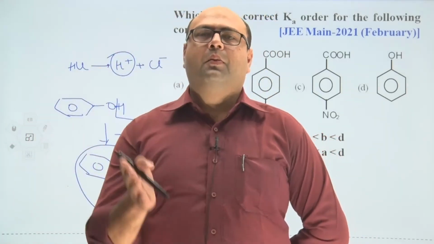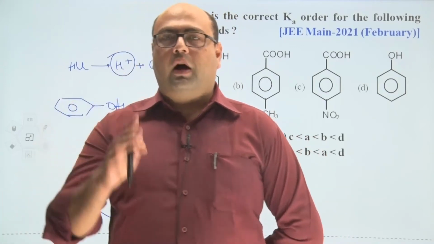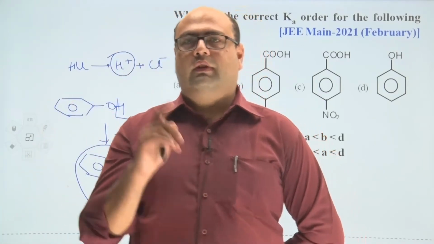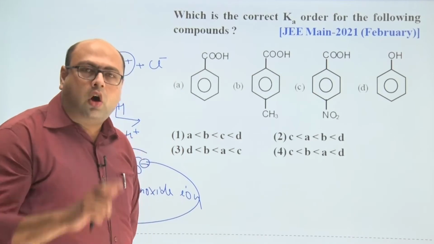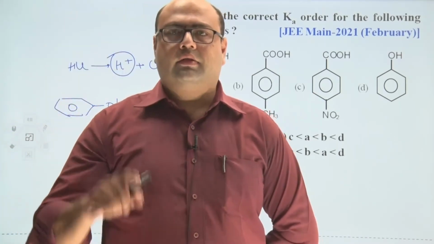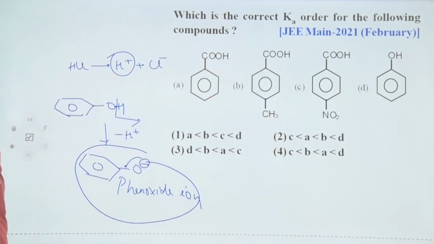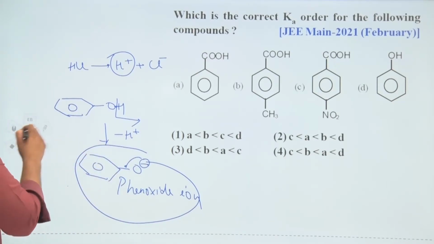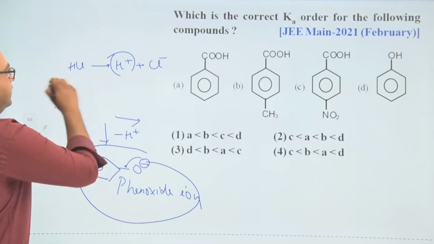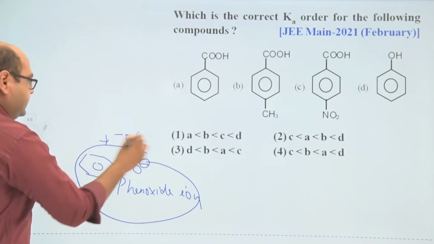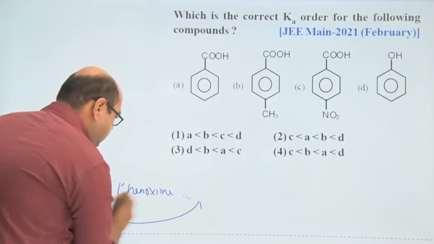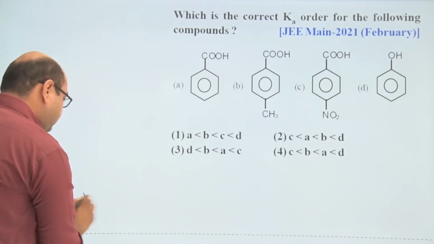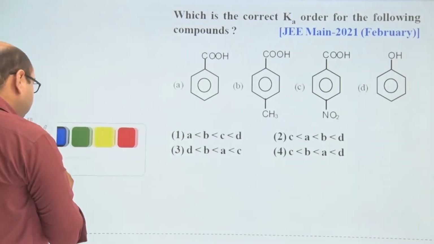The ion which will be most stable, the corresponding compound connected to it will be the most acidic, or will have the high Ka value or high dissociation constant for acid. Okay, after discussing this concept, let's move on to the examples. Phenol is a very weak acid that was just taken to explain to you.